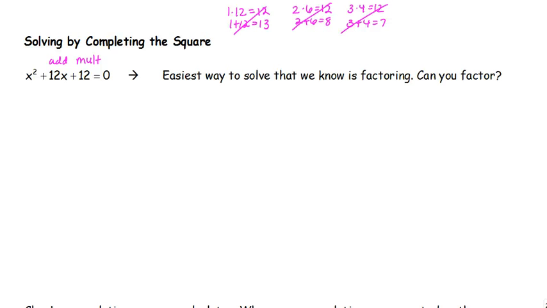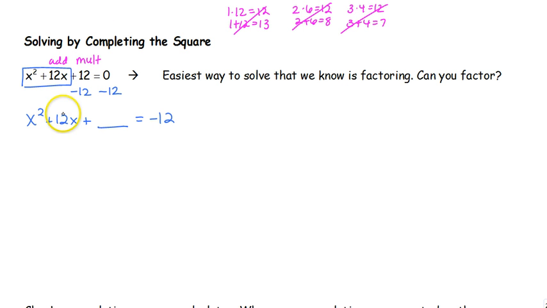What we're going to do is create a perfect square trinomial. So what I need to do is isolate those two pieces. I'm going to move the 12 over to the other side. And we are going to solve for that missing c value. And we've got a -12 on the other side.